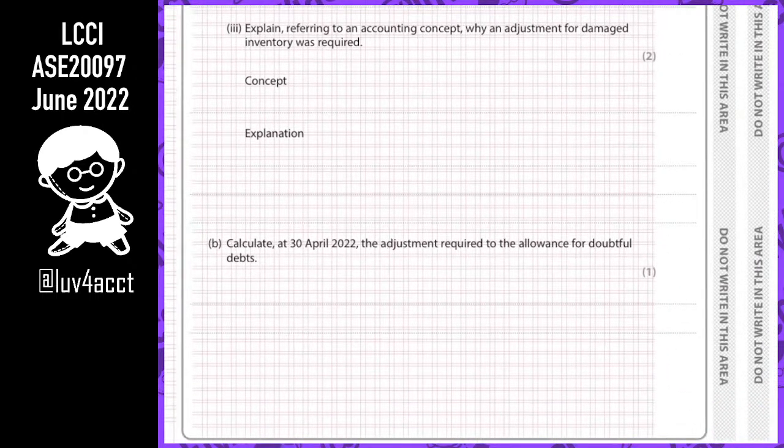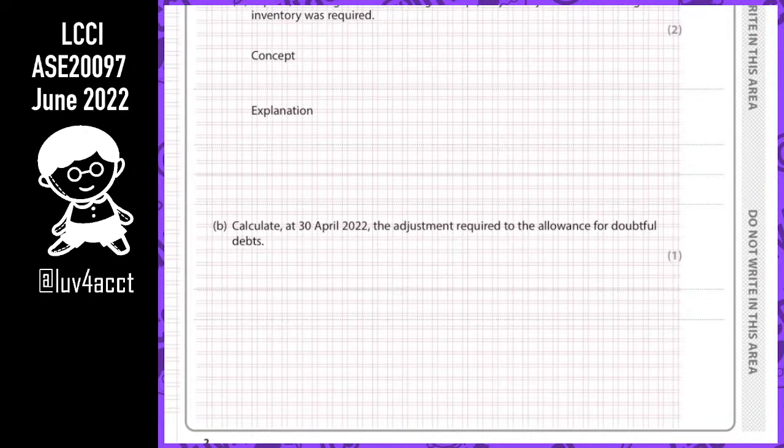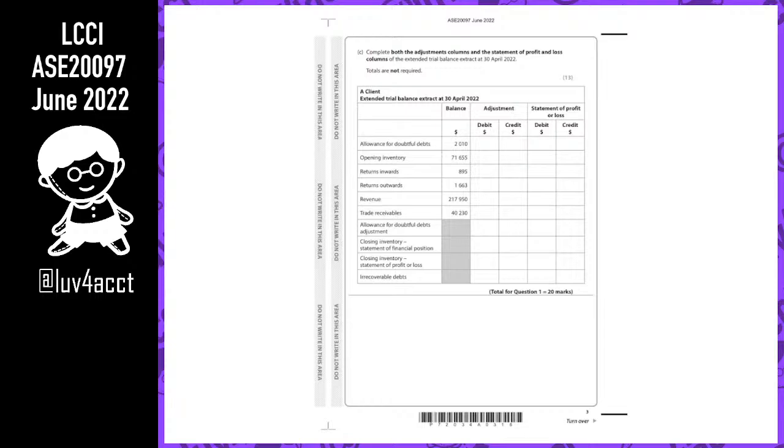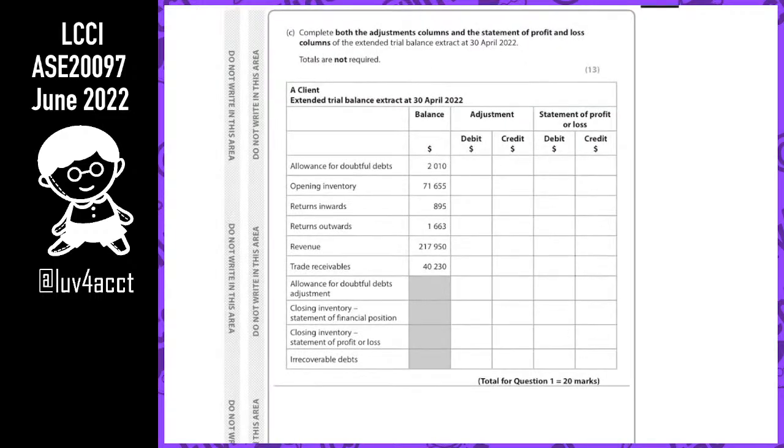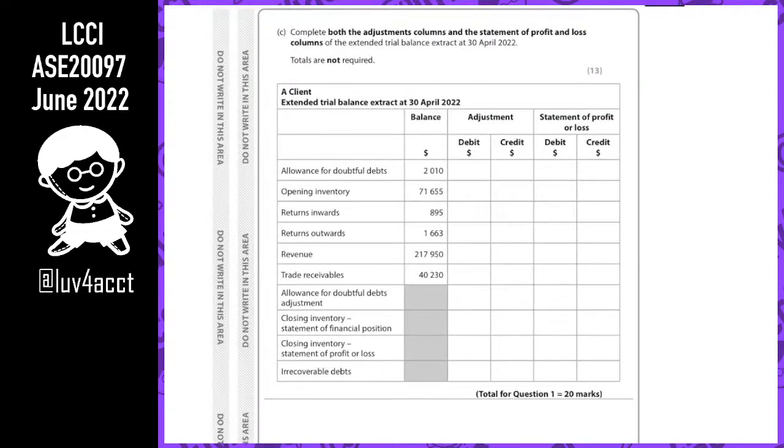Then calculate the adjustment needed for the allowance for doubtful debt. It actually guides you on what you need to do. After this you have the extended trial balance. This is what I mentioned yesterday, one of the most important topics. It usually appears in the first question, extended trial balance.